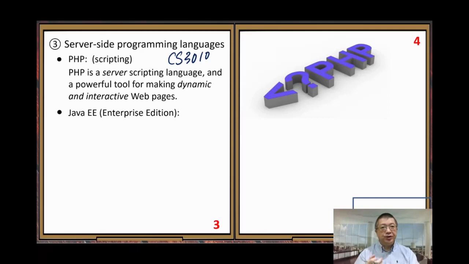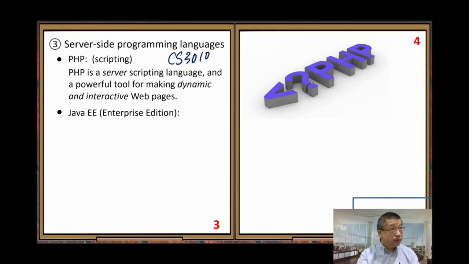So next one, that is the programming language we need to use. Java EE. EE here refers to Enterprise Edition. Java has two major versions.